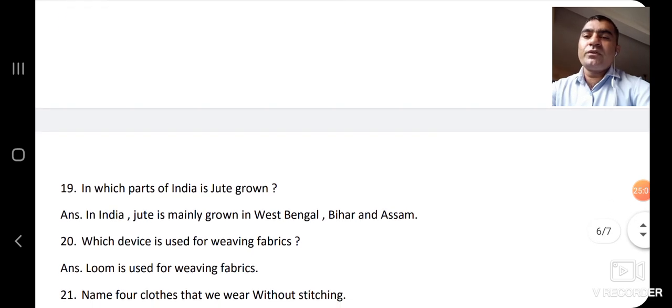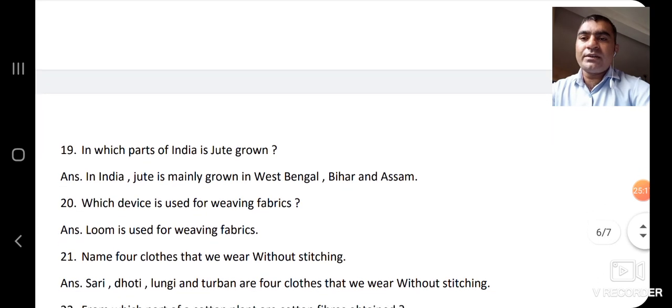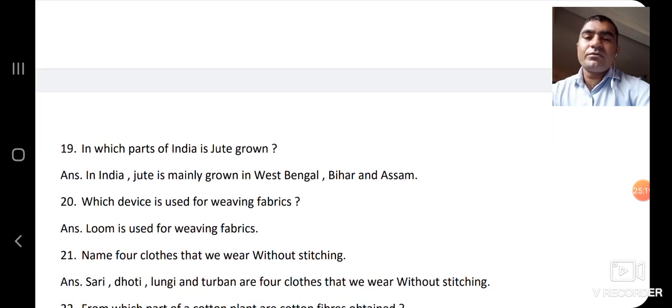Which device is used for weaving fabrics? Loom is used for weaving fabrics. So loom is the device which is used for weaving fabrics. Name 4 clothes that we wear without stitching. So you have to write the names of 4 clothes which we wear without stitching. Sari, dhoti, lungi and turban. We wear without stitching.